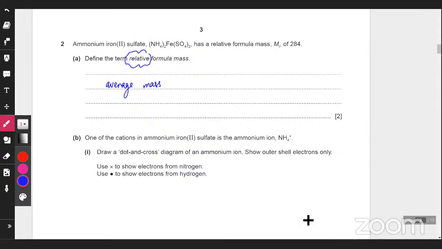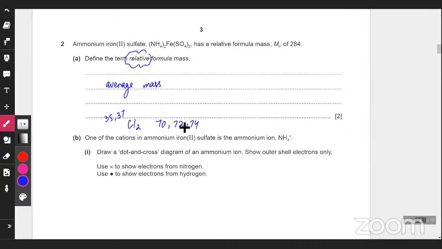For example, a Cl2 molecule can have many different molecular masses or formula masses. It could be 70, 71, 72, or 74, because there are two types of Cl, 35 and 37. So if both Cls are 35, that would be 70.